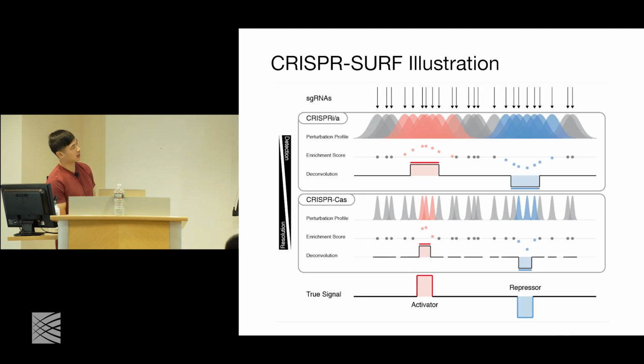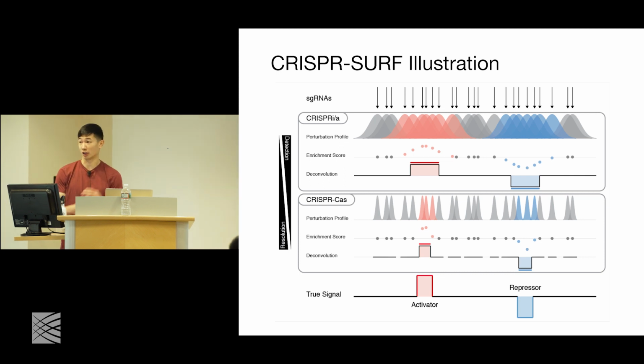So just before I dive into what each part of the equation looks like, I want to give this illustration because I think it captures all the parts that we want to incorporate into this model. If we have a true signal, we want to recover this signal.